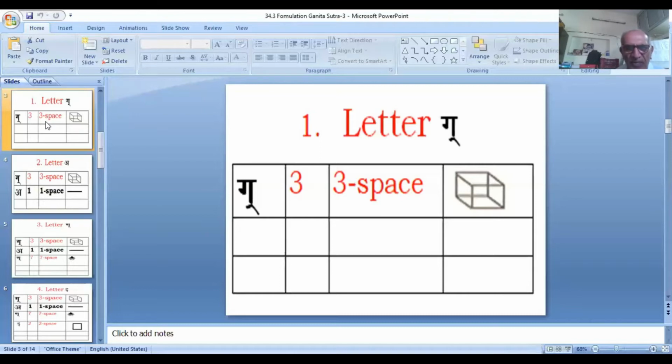So 3 space content manifests as the domain fold of hypercube 3. Therefore, the initiation of comprehension of format features and values of Formulation Ganita Sutra is going to be parallel with the role of 3 space content as 3 space domain fold of hypercube 3.